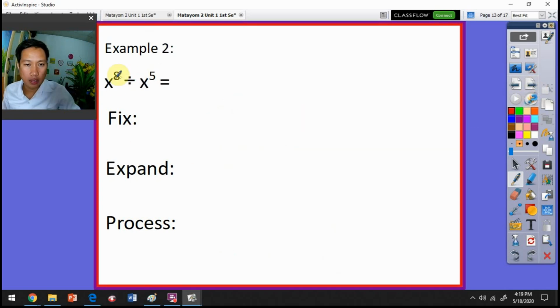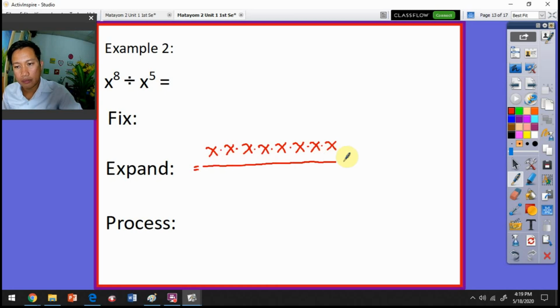Let's look at x to the power of 8 divided by x to the power of 5. We don't need to fix it, we just expand it and then cancel it right away: 1, 2, 3, 4, 5, 6, 7, 8 divided by 1, 2, 3, 4, 5.